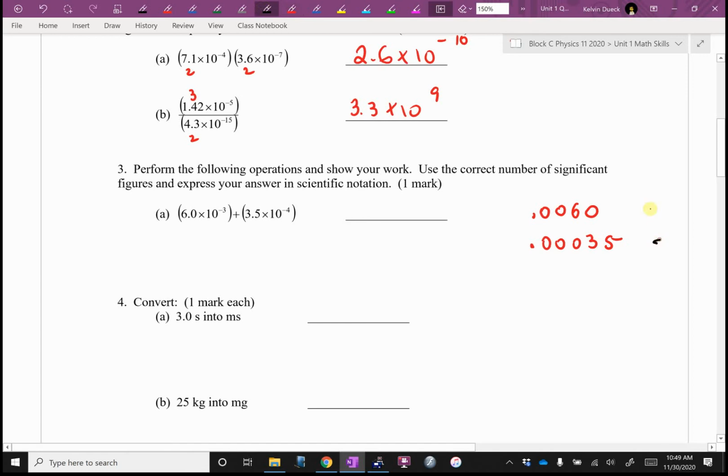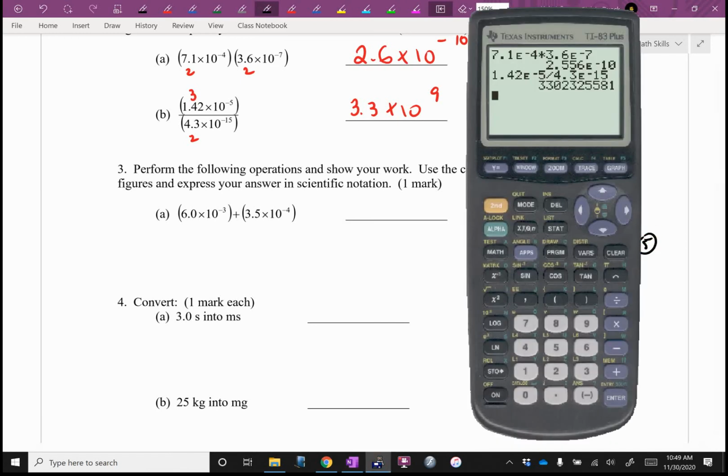Well, this is to 5 decimal places. This is to 4 decimal places. My final answer is going to be to 4 decimal places. I'll type in what they gave me. 6.0 scientific notation, negative 3 plus 3.5.